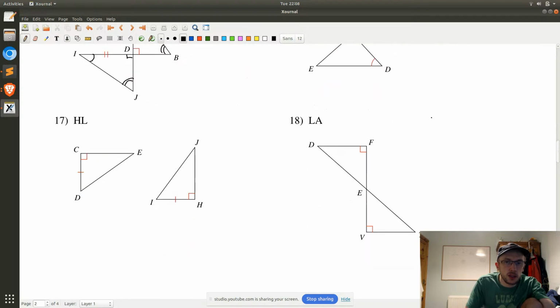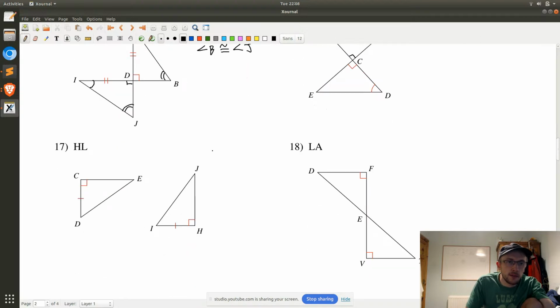Okay, that's good. Next up, for the hypotenuse leg theorem to hold, I would have to know the length of the hypotenuses in the first place. So in other words, I'd have to know that side ED is congruent to side JI.